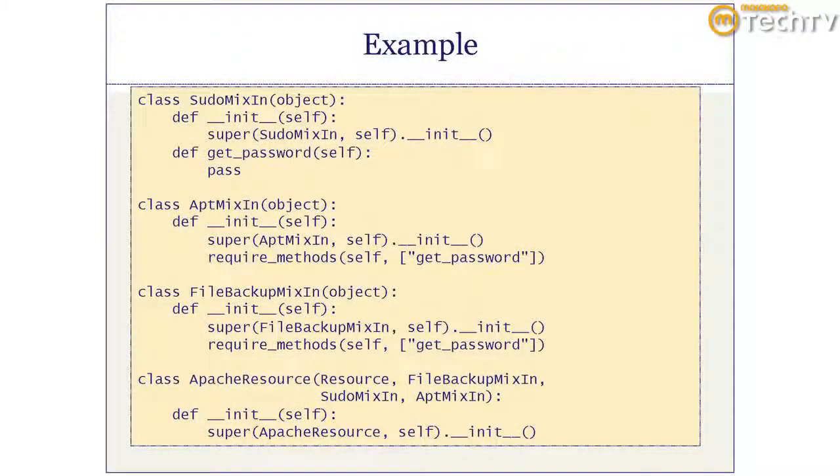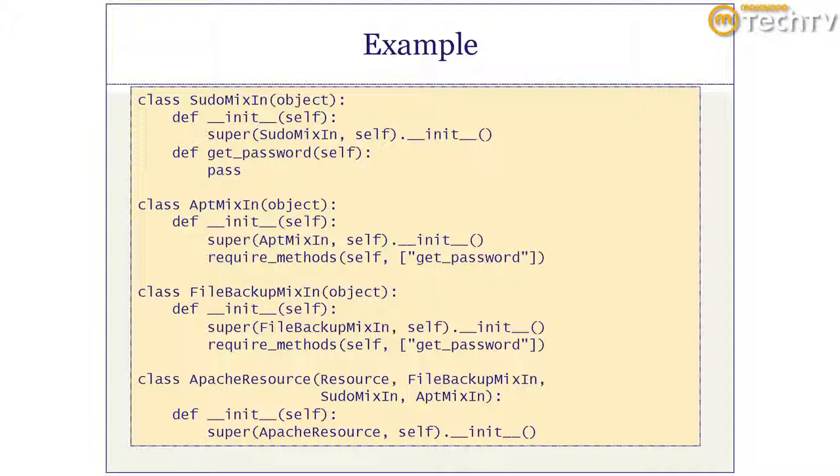If we look at this installer deployment tool example, here's where I solved my method resolution order by using this pattern. My sudo mixin defines this get password method, and these other two subclasses need it.